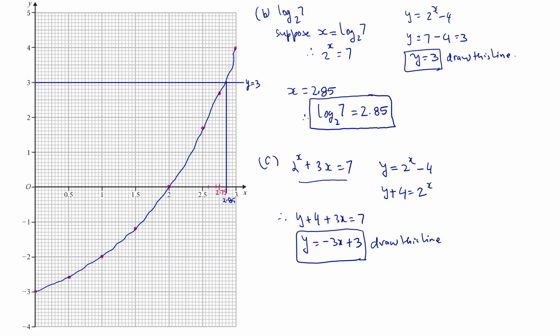To draw the line, we need the points. If x is 0, then y is 3. And if y is 0, then 3x is equal to 3, which gives x is 1. The points are 0, 3, where 3 is the y-intercept, and 1, 0. So 0, 3 is here, and 1, 0 is here.